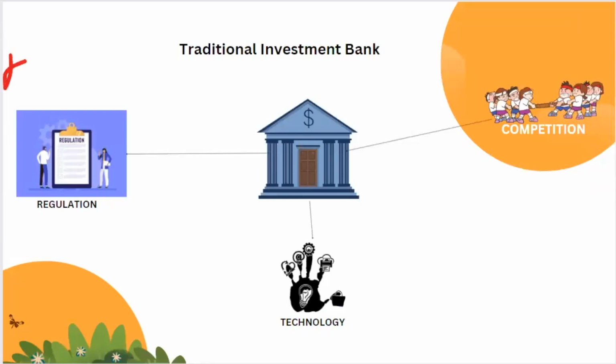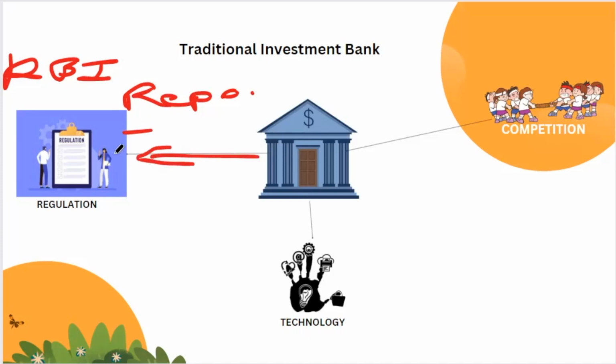So let's say there is the RBI. The RBI used to have rules and regulations. Let's say they have regulation related to repo rate. They can change it anytime. So whenever the repo rate or any rules change, the bank has to update their system every time according to these regulations.